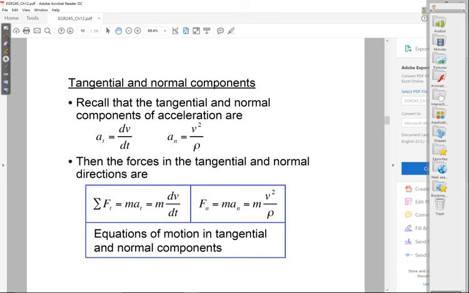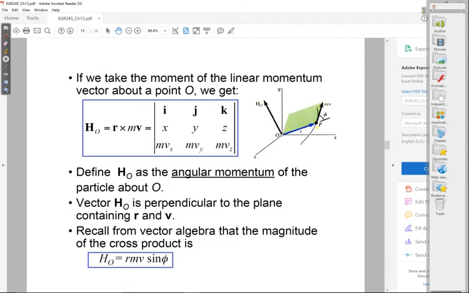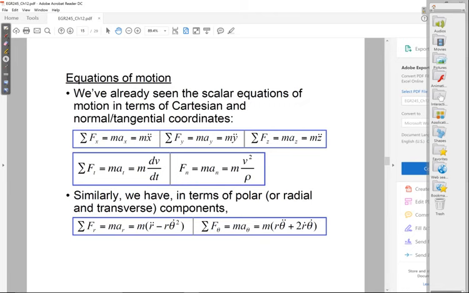Then in the normal direction, you take mass times acceleration in the normal direction, and you recall that acceleration in the normal direction is velocity squared divided by the radius of curvature. So that's v squared over rho. And finally, in the radial transverse coordinate system, my slides kind of skip around here, but it's in this slide. You have two components again.